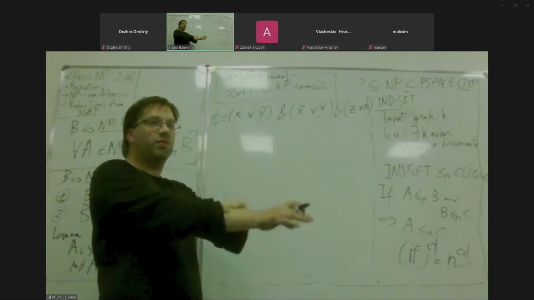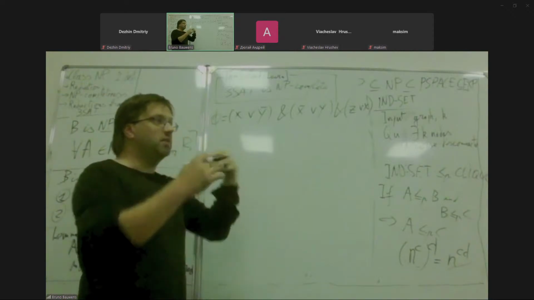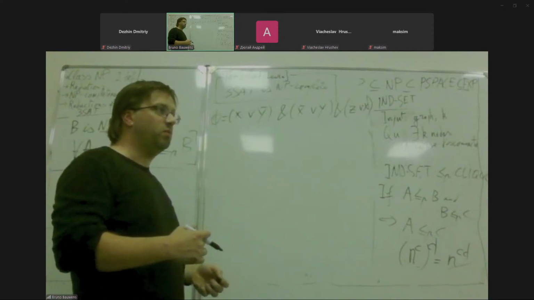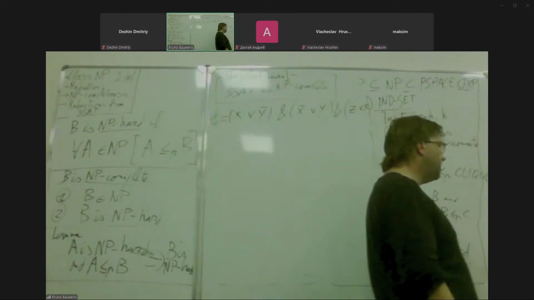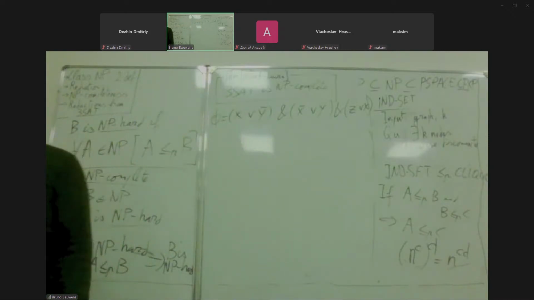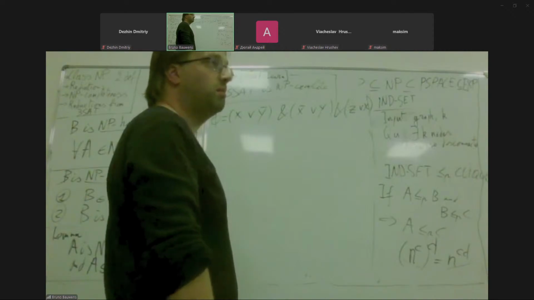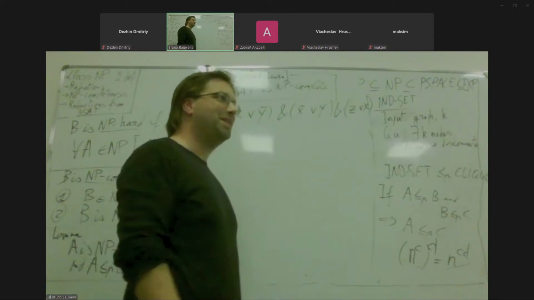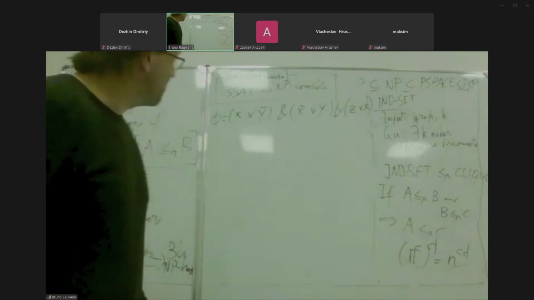So it's kind of tricky, but it doesn't matter much because it's possible to transform them into each other. Well, if the literals must come from 3 different variables, you need to be a bit careful. Okay, I need to think about it. Maybe I will add it as a question to some homework, whether it's the same.